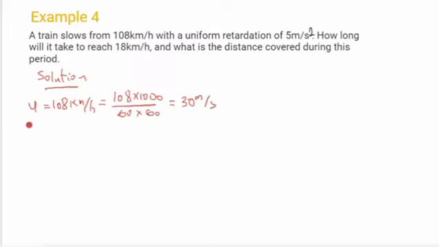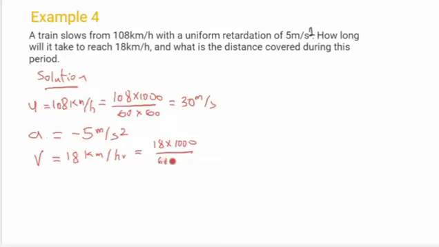Retardation is negative acceleration, so A equals minus 5 meters per second square. The final velocity is given to us as V, 18 km per hour. To convert it, multiply by 1000, divide by 60 times 60. That will give us 5 meters per second.